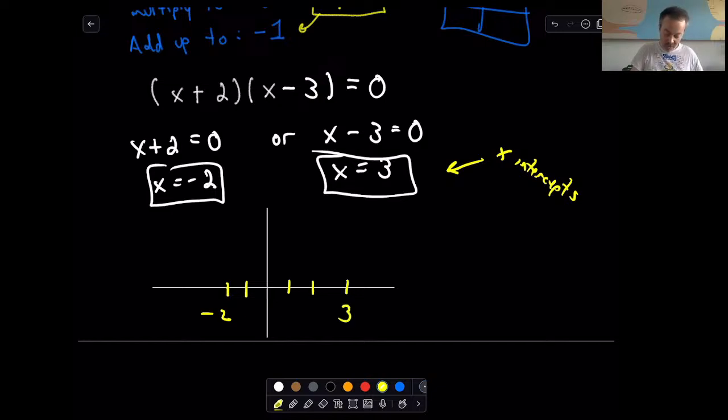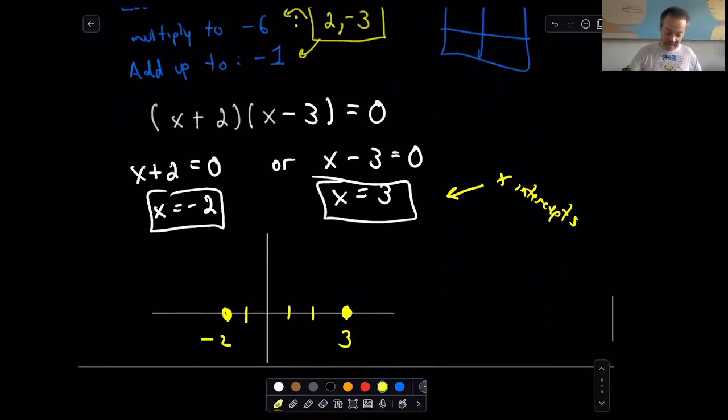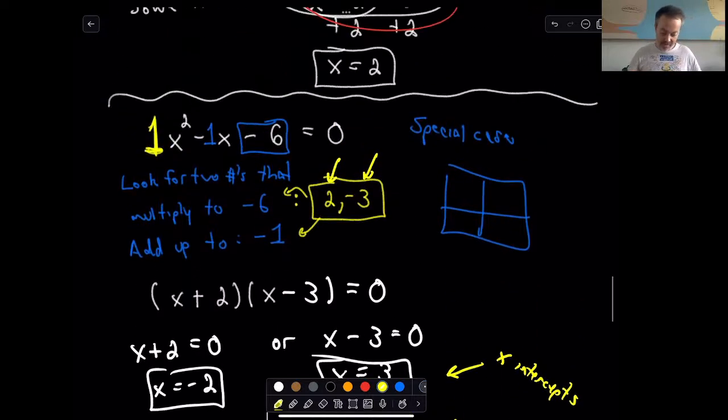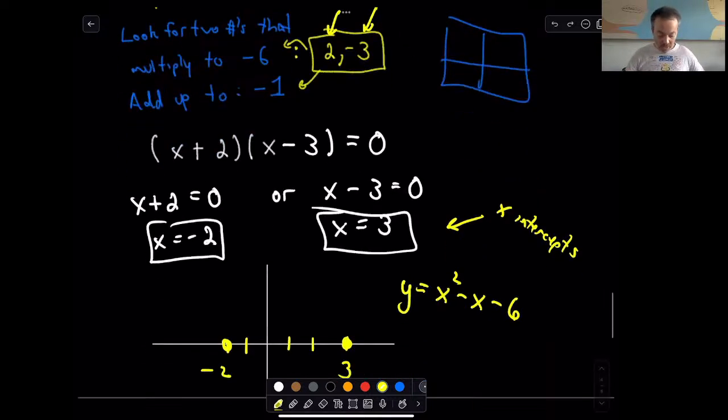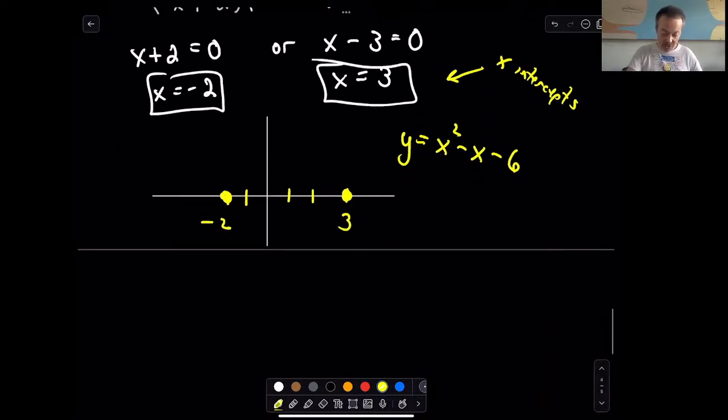So I now know where those x-intercepts are. If I were to graph y equals x squared minus x minus 6, I've already found 2 points, at negative 2 and at 3.